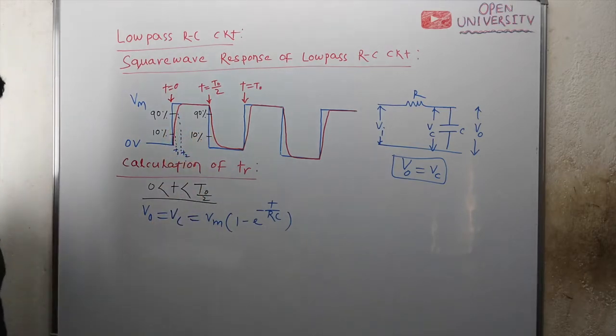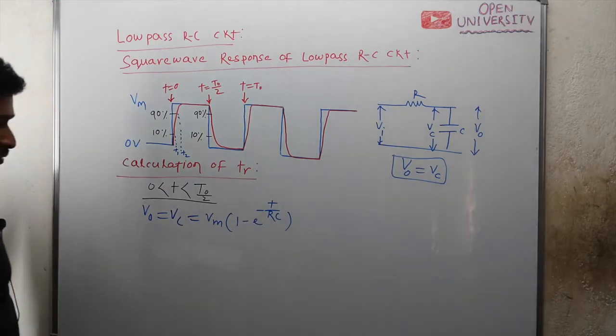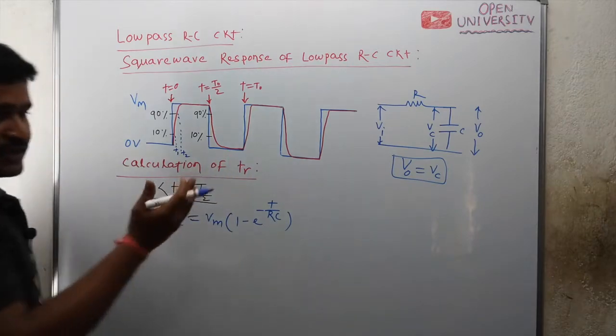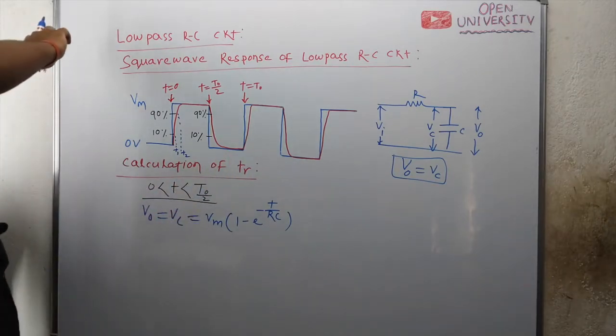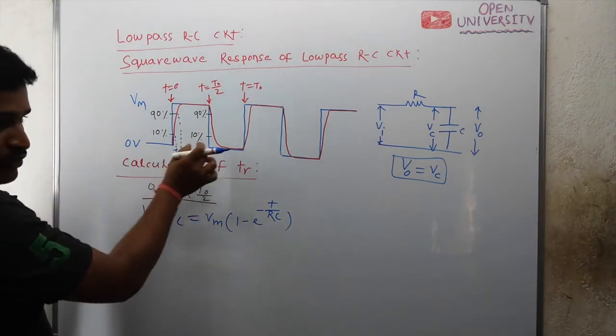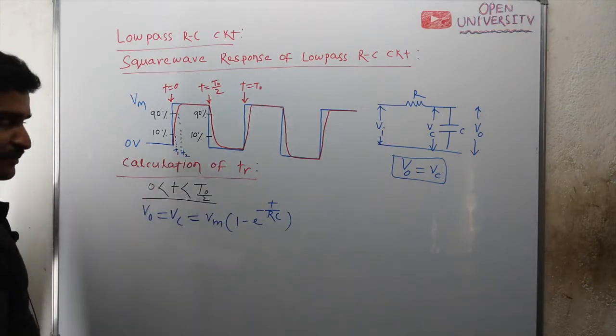Then rise time will be t2 minus t1. So I will calculate t2 and t1, then subtract t2 minus t1 to get the rise time, because the interval of time from t1 to t2 is called rise time.